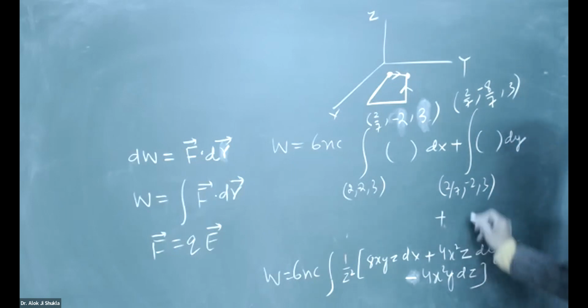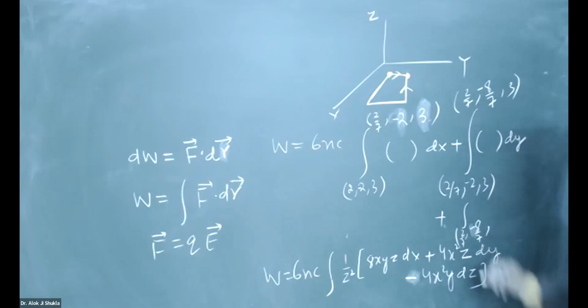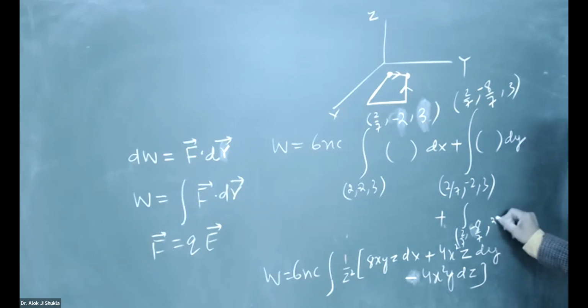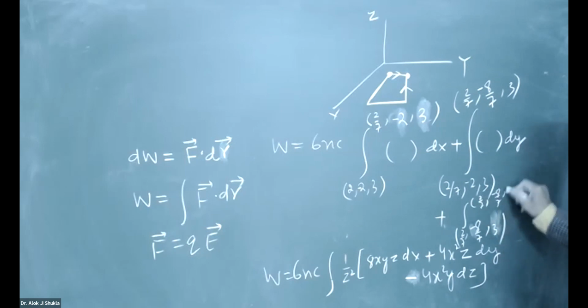And plus integral, 2 by 7, minus 8 by 7, and z changes from 3 to 25 by 7, and here you will have this into dz. This will be the answer.